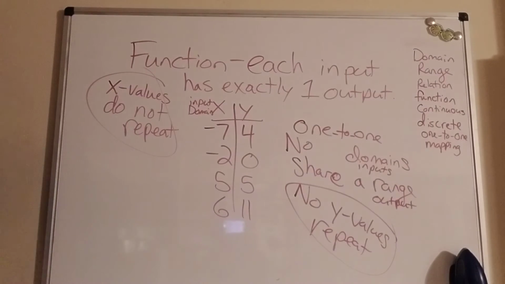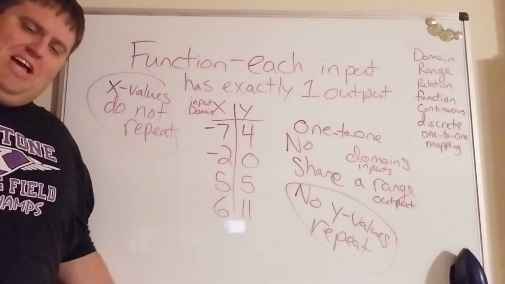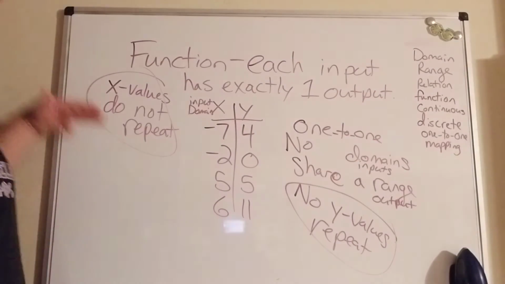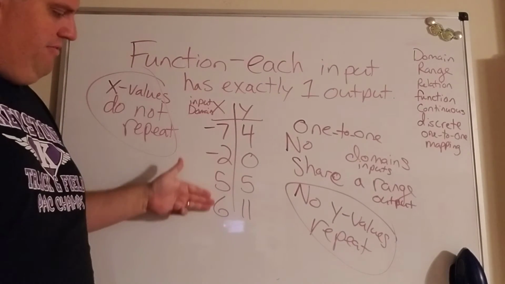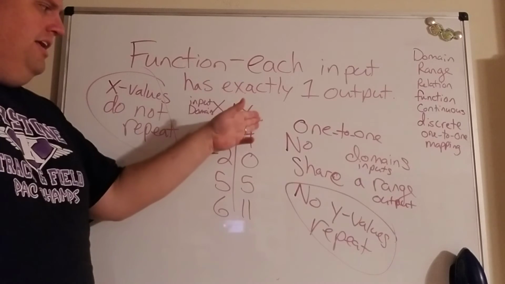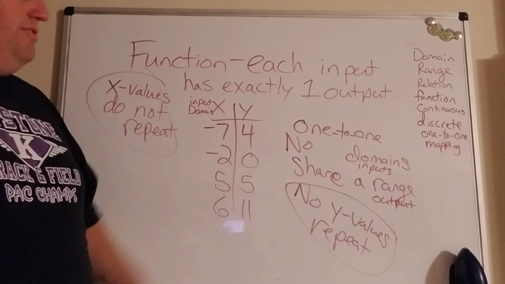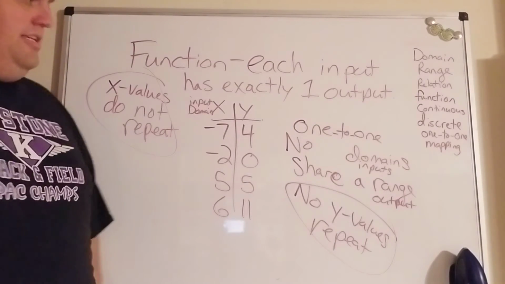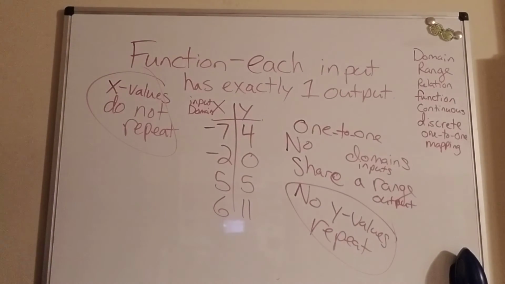Okay, so those are the fancy terms. I kind of made sure you got those, but really that's what you're looking for. If something's a function, the x's are all different. If something's one-to-one, then those y values are all going to be different. Hopefully that's good.